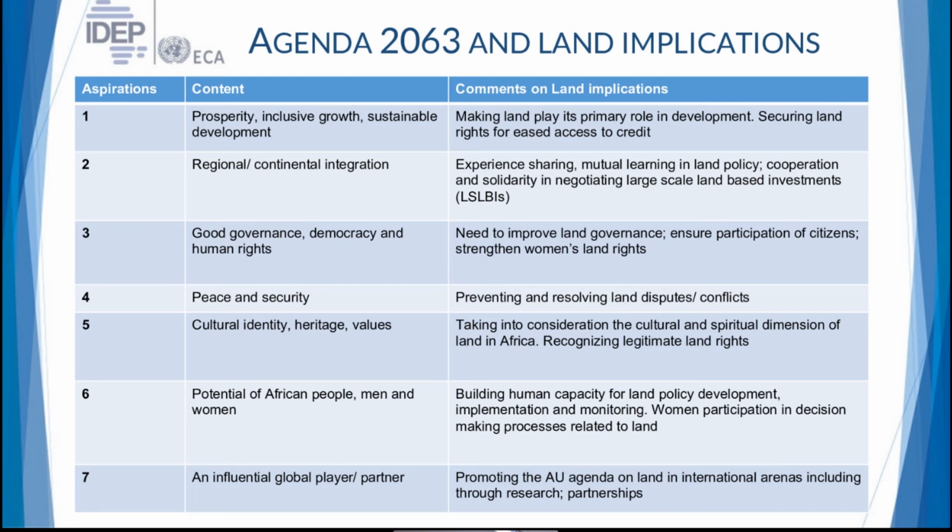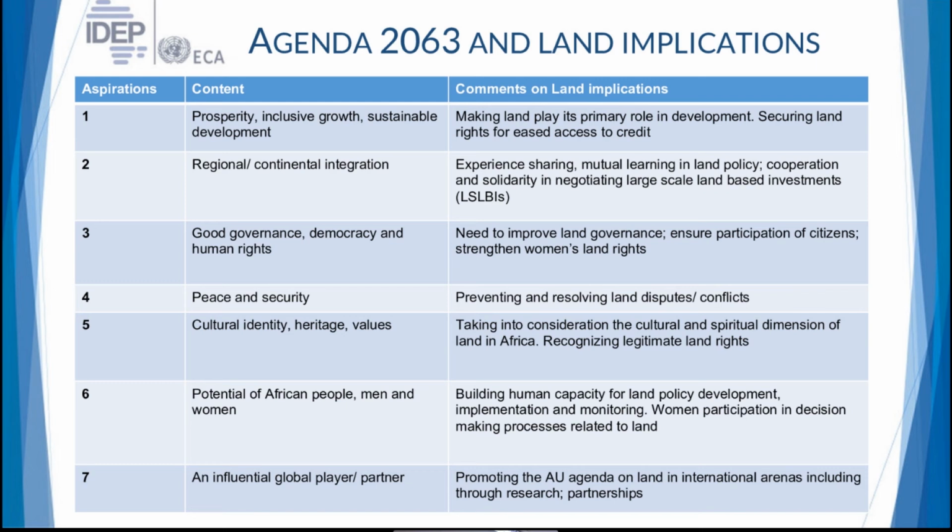Aspiration 1, the content focus on prosperity, inclusive growth, sustainable development. So making land play its proper role in development is critical to reaching prosperity and inclusive growth and sustainable development. There is need to secure land rights for ease of access to credit.